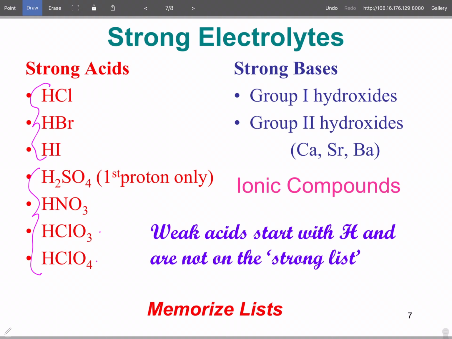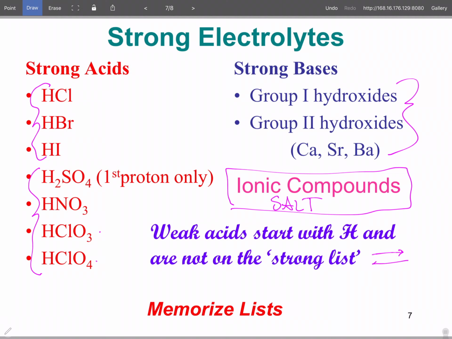Okay, your strong bases, we said here, were your group 1 and your group 2 hydroxides. And remember, all your ionic compounds, the salts. Weak acids tend to start with H and are not on the strong list. And as I said before, they tend to have the double arrow.